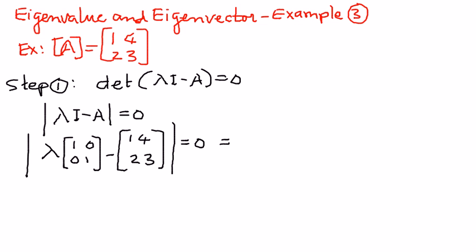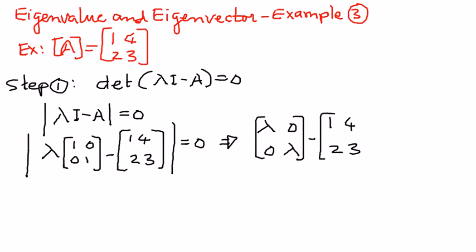So this one I can simplify as follows. I'm going to distribute the lambda to every one of the terms in the identity matrix, and that's going to look like this: lambda 0 0 lambda, and then minus 1 4 2 and 3, and the determinant of that we're going to equate to 0.